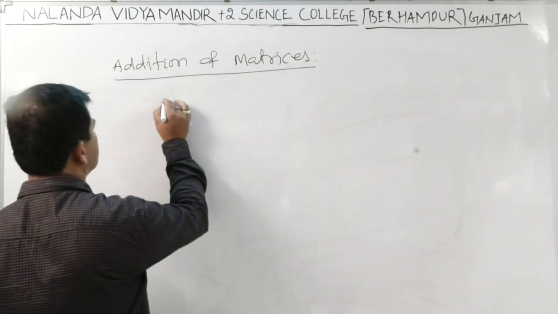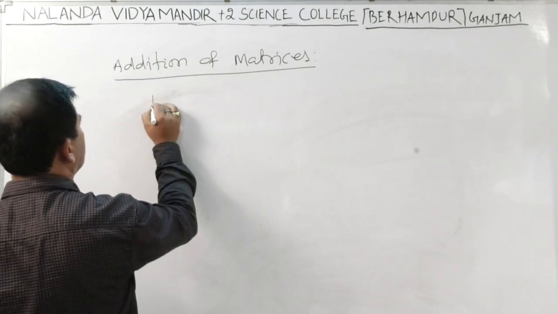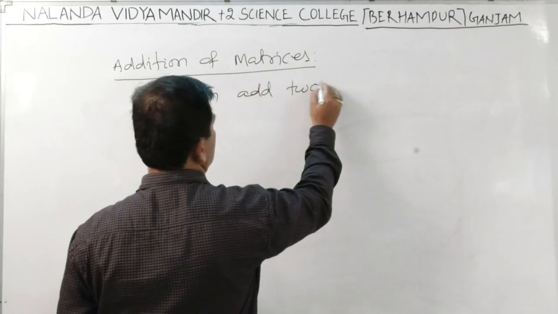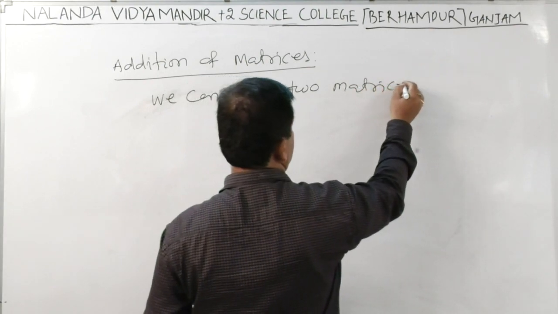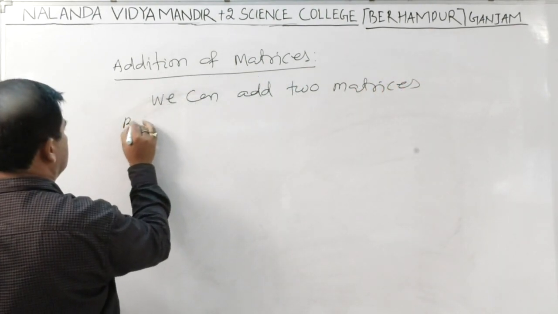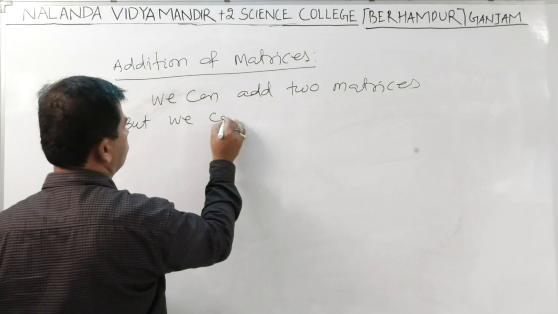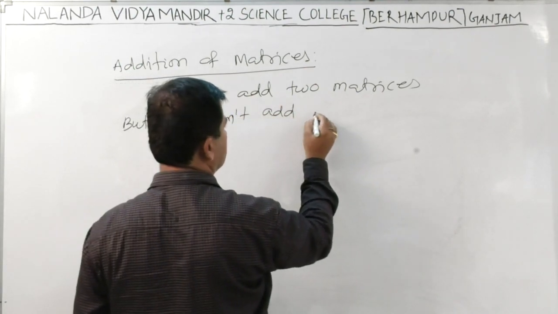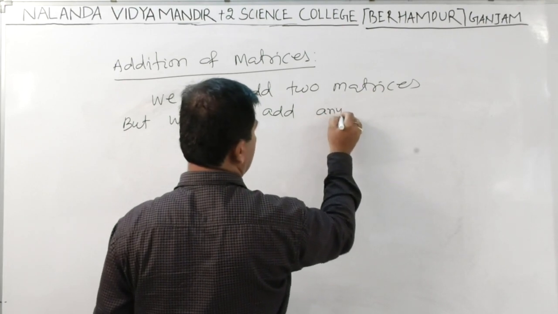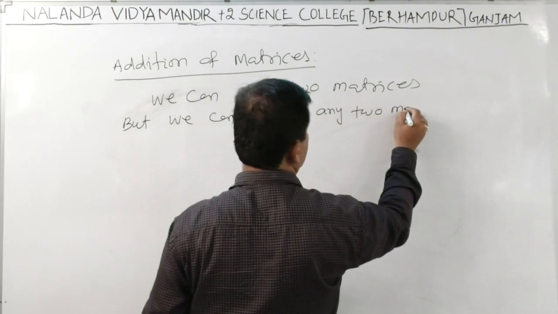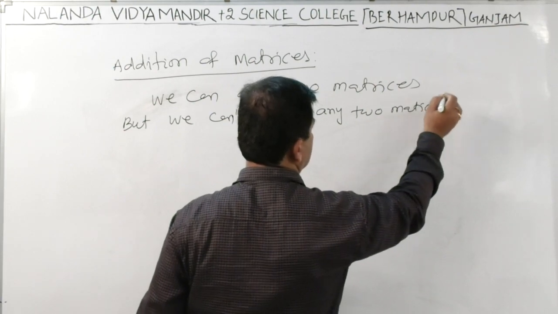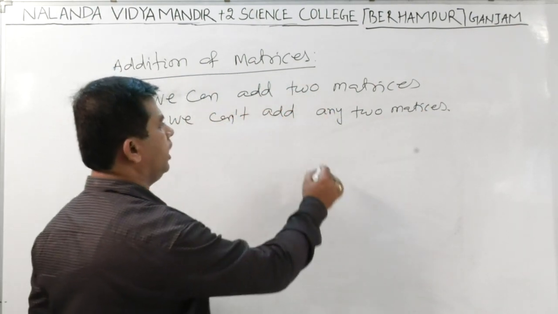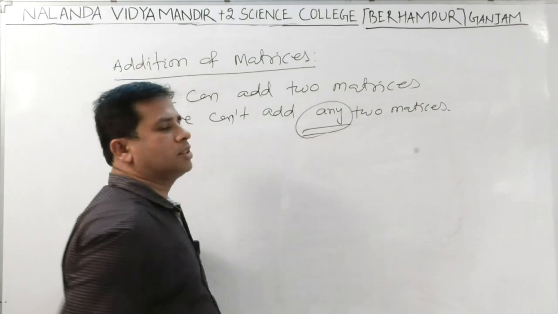We can add two matrices, but we cannot add any two matrices.